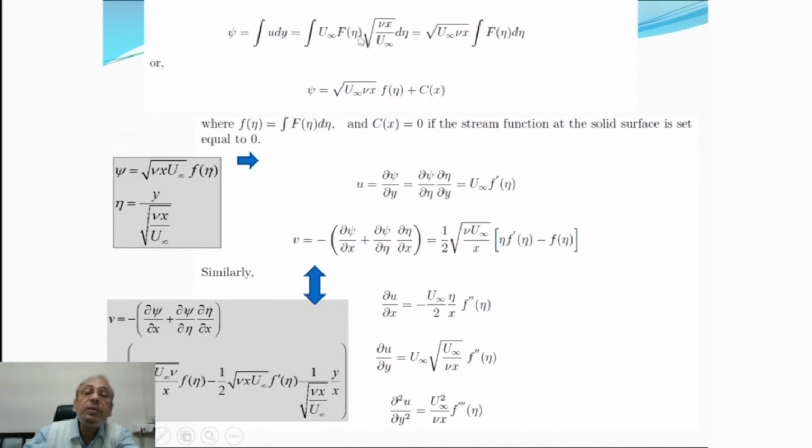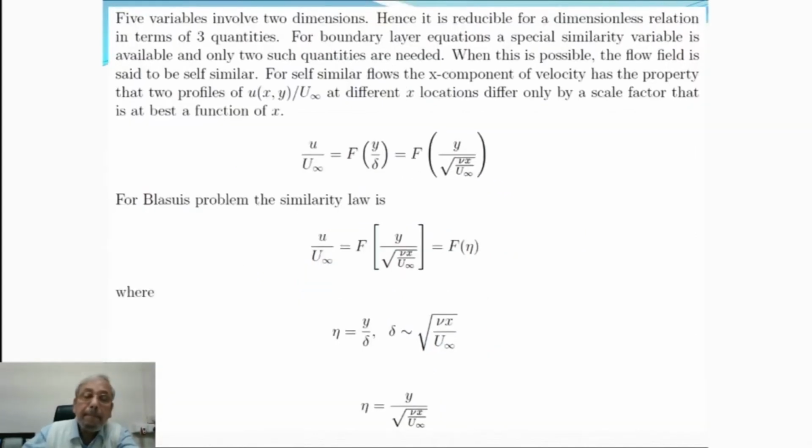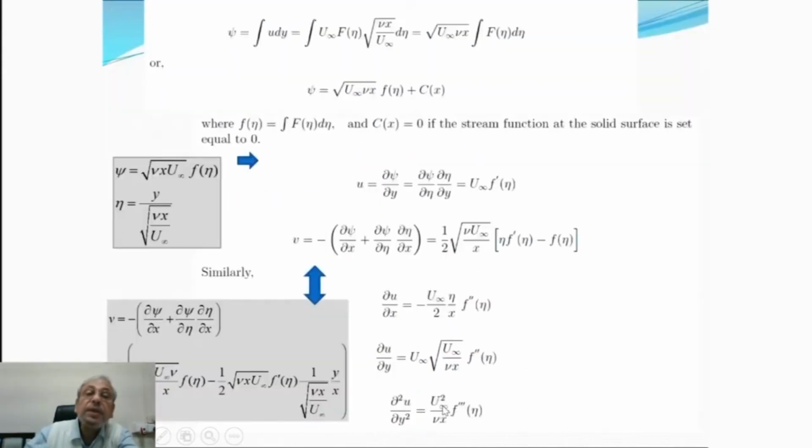Since eta is y by root over nu x by u infinity, dy equals d eta into root over nu x by u infinity.